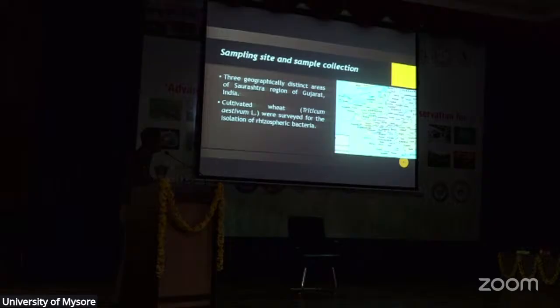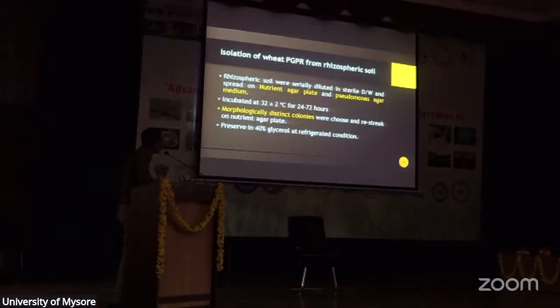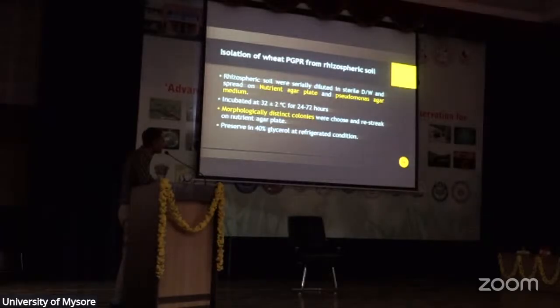Which methodology did I use? I selected the sampling area, specifically from the Saurashtra region. Three districts I chose: Jamnagar, Junagadh, and Rajkot. Here is how I collected the rhizospheric soil. For that, I chose 5 healthy plants between 15 to 30 days. Majority of the isolates were isolated on nutrient agar media and Pseudomonas agar media.